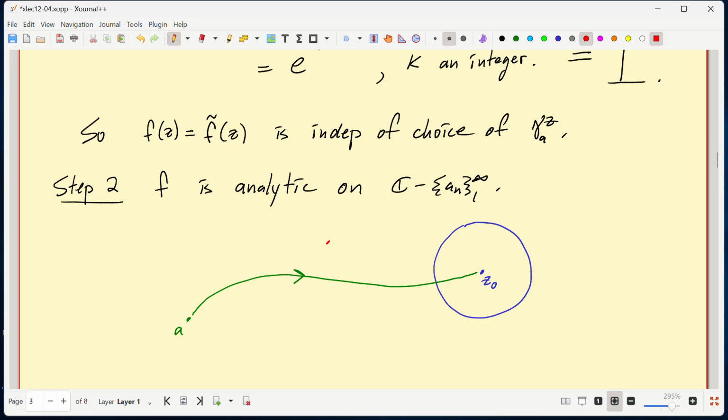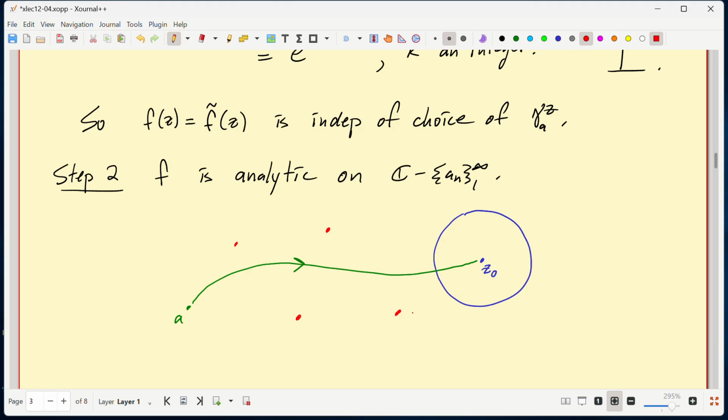And let's see, there's some a_n's around here maybe, but I'm missing the a_n's. And this is a small enough disk that there's no a_n's in it. And then for the rest of the way, I would take the line that goes to z.